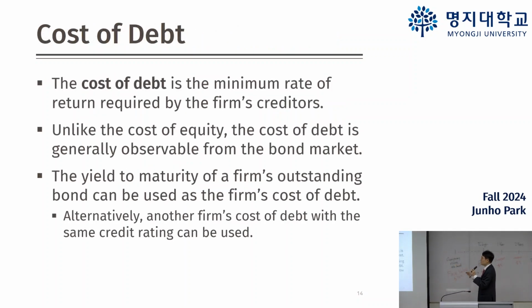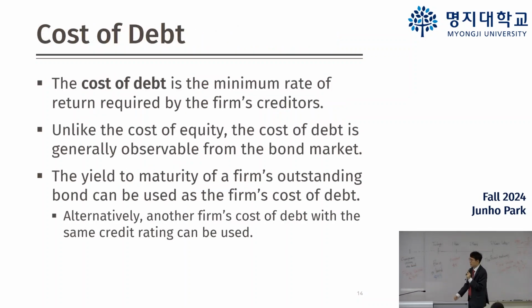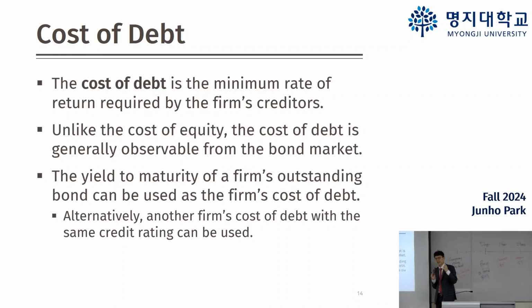Okay. So what we need to do as a corporate manager, if we want to know about the cost of debt, is just to look at the yield to maturity of our company's bond, and that will be the answer. However, sometimes there is a limitation. Some companies already have bonds existing.